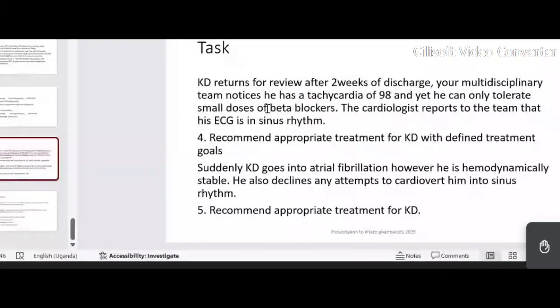Because in hypokalemia, there's a huge risk. Hypokalemic patients receiving digoxin are prone to digoxin toxicity. Digoxin and potassium compete for the same binding site. So once the potassium levels are low, digoxin will be celebrating, because it will bind freely.